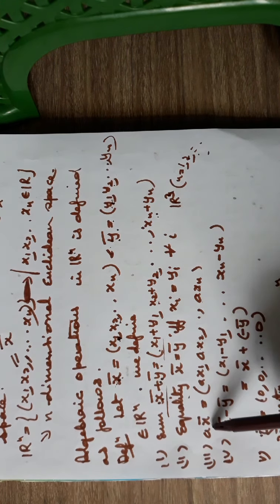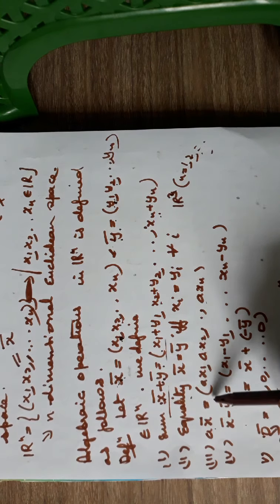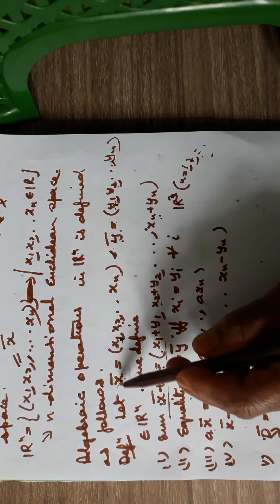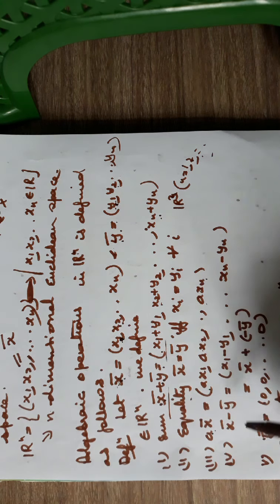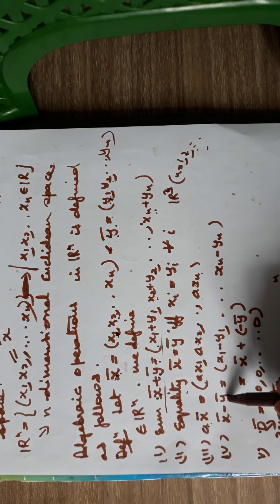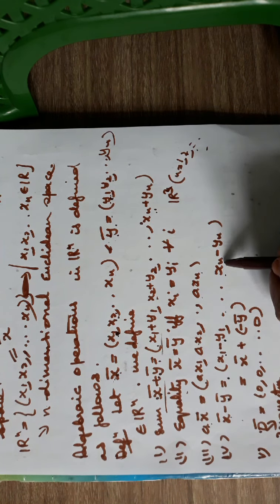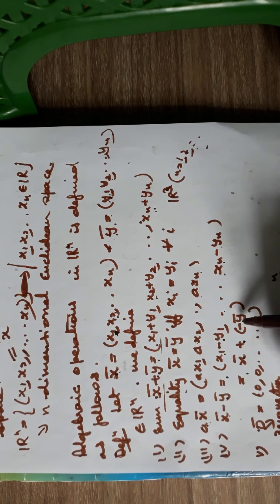Now, for any scalar quantity a, if you multiply it with this vector, it will give you (ax1, ax2, ..., axn), where you multiply a with each of the n components of x bar. The difference of these two vectors is defined as x bar minus y bar equal to (x1 minus y1, ..., xn minus yn), which is equal to x bar plus minus y bar.